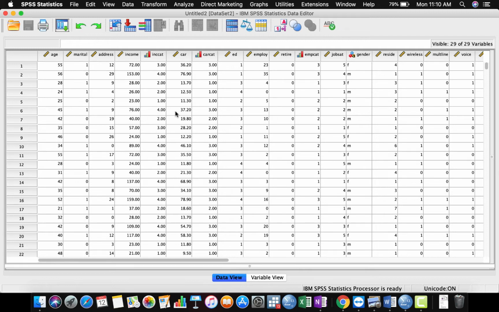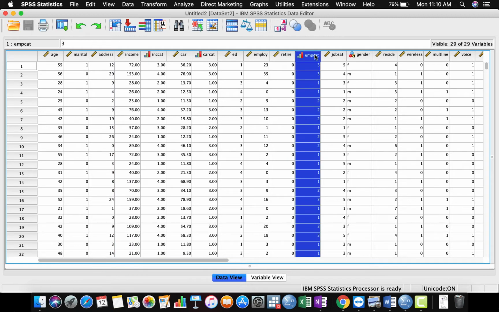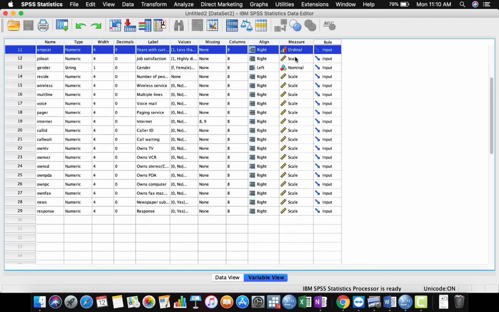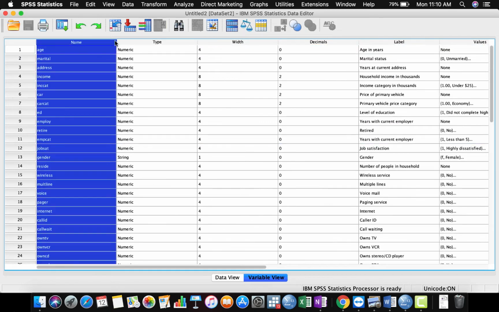Remember, in analysis of variance, the dependent variable is numerical and the independent variable is categorical with more than two levels. The purpose is to find the difference between the groups. I'm going to keep the income variable as our dependent variable y, and the employment category, years at current employer.